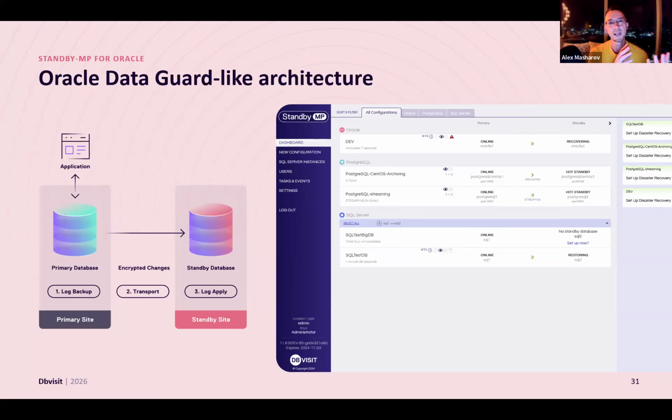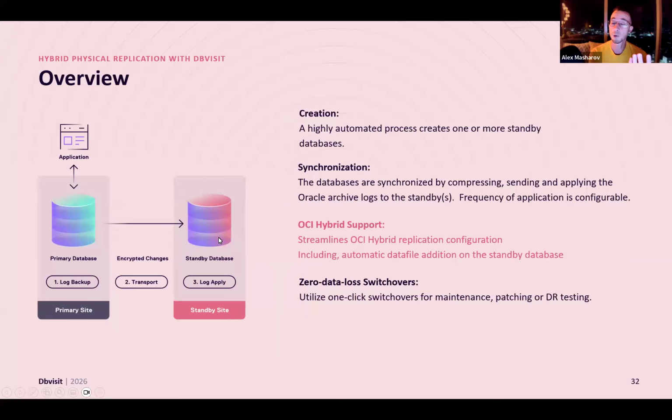All of these things have slightly different workflows with regards to transparent database encryption, and our product integrates all of them completely transparently to you. So you can click a button to synchronize, automate log shipping, or do a zero data loss switchover, and any steps that have to happen in the background to ensure that this works together with this hybrid DR on OCI setup are just handled automatically.